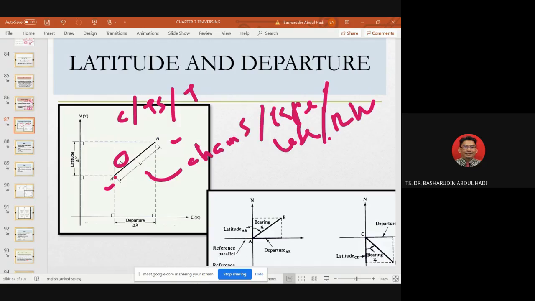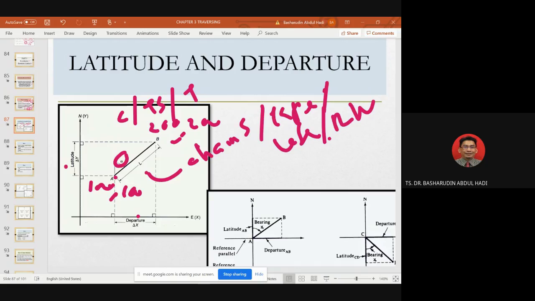For example, this coordinate. So latitudes and departure. We call it latitude and departure, L and D. So this point maybe latitude is 100, departure also 100. Maybe point B is 200, 200.